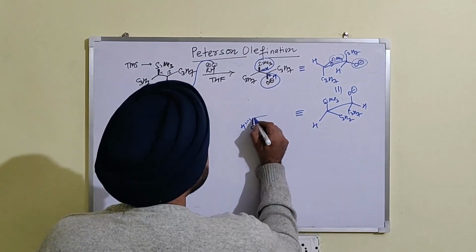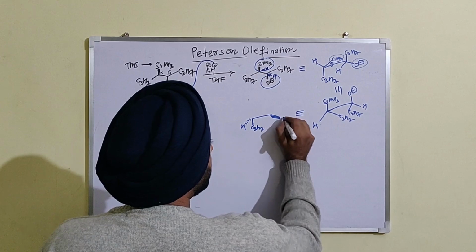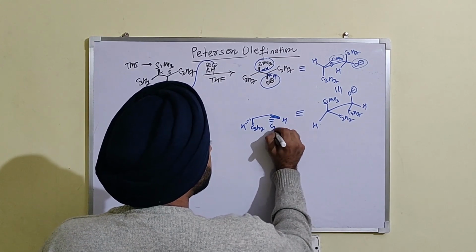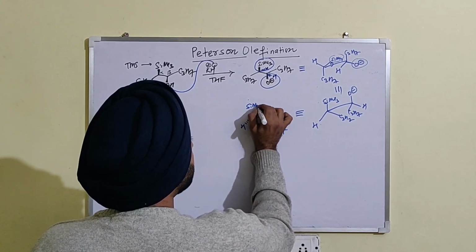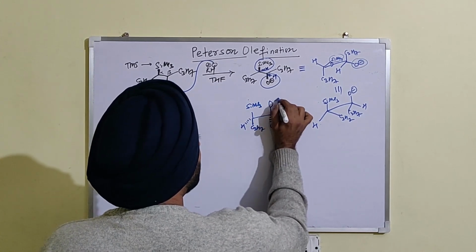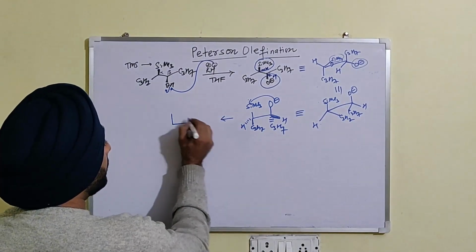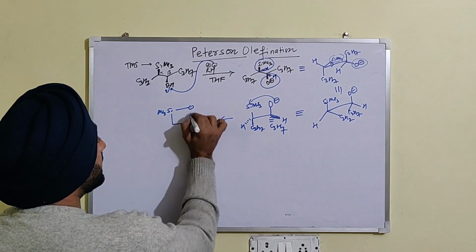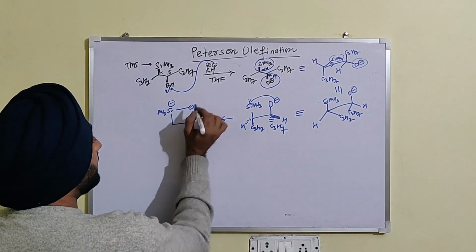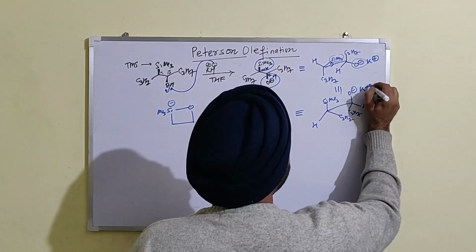Okay, since this is on the right hand side, it can be written as beta, and this is C3H7, and we have this SiMe3 O negative. So this O negative attacks, and it leads to the formation of this SiMe3 negative, and we know that the countercation is always K positive here.